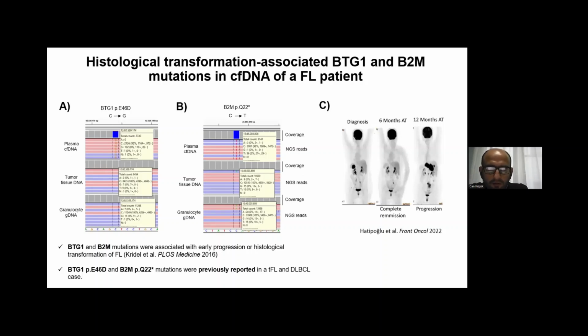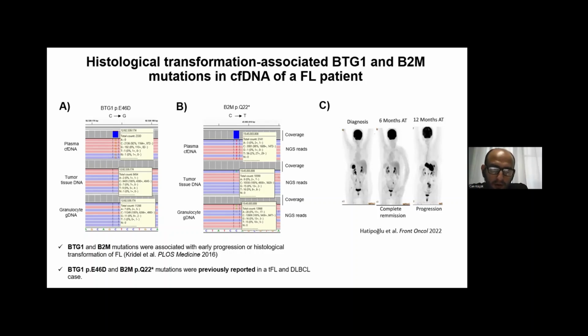Another interesting result associated with our study was the fact that some of the mutations were only present in the cfDNA, not in the tumor tissue DNA. This is a result from one of the FL cases. We observed BTG1 E450 and beta-2M Q2M2 mutations. They are point mutations, one of them is a missense, and the other one is nonsense.